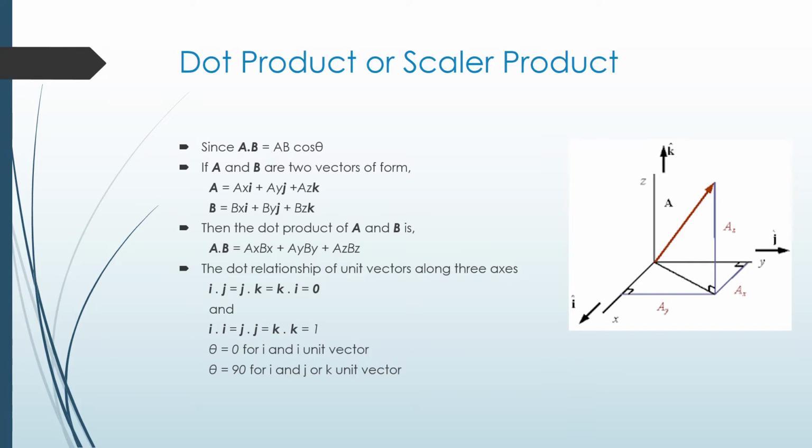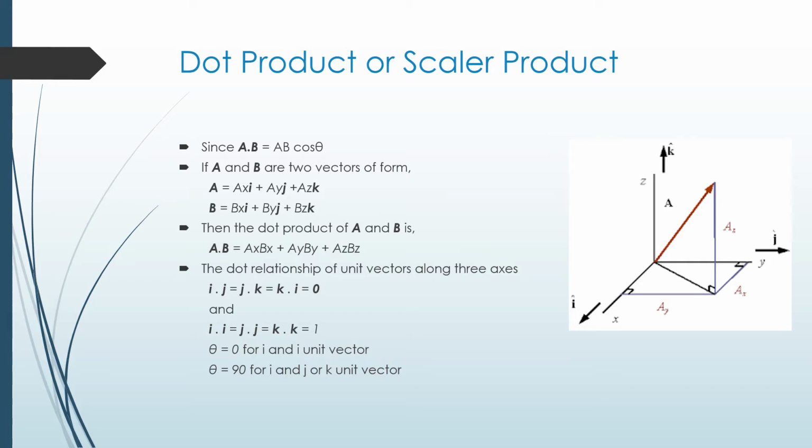Similarly, if you take the dot product between the similar vectors, or the vectors which are parallel to each other, that is i unit vector with i unit vector, since the angle between them is 0, cos of 0 would be equal to 1, and the dot product between i and i, or j and j, or k and k unit vectors, will always be equal to 1.